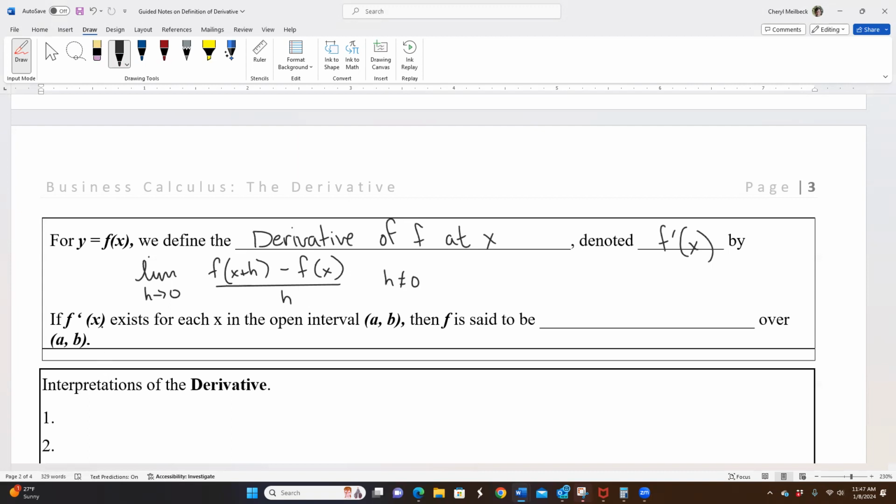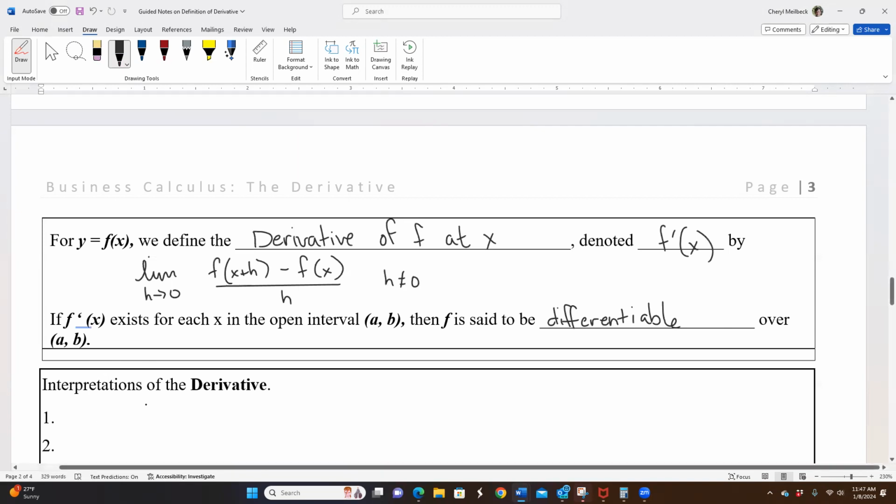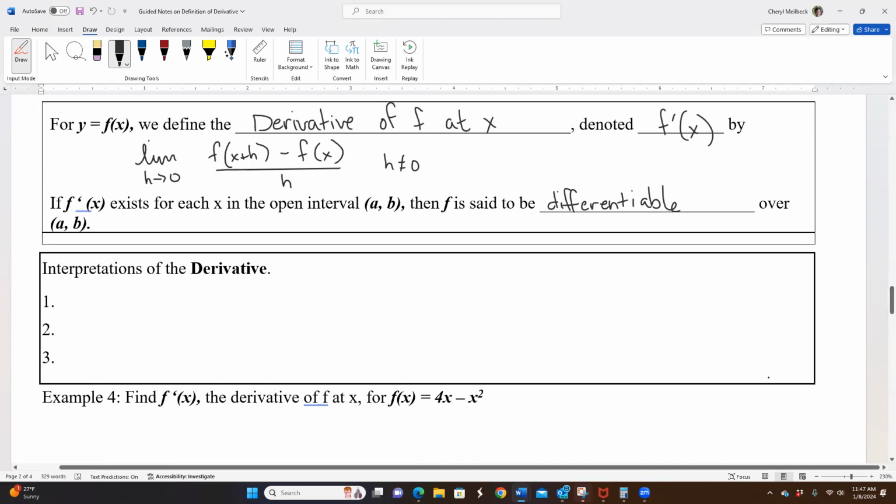So if f prime of x exists for each x in the open interval a, b, then f is said to be differentiable over a, b. So in summary, interpretations of the derivative, we looked at a bunch of them, but let's spell them out here.